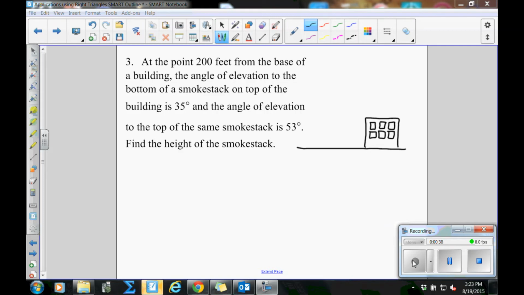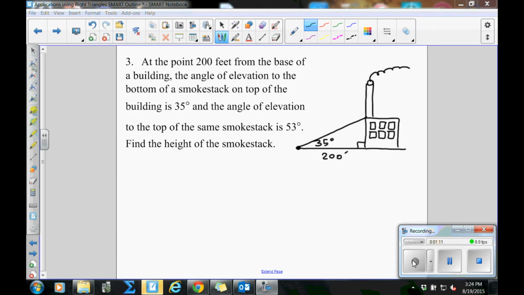From a point 200 feet in front of the building, the angle of elevation to the bottom of a smokestack, first we're reading about this, so there's a smokestack on top of the building, and the angle of elevation to the bottom of that smokestack is 35 degrees.